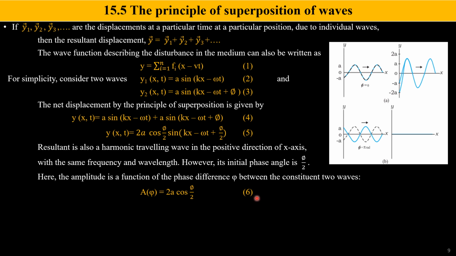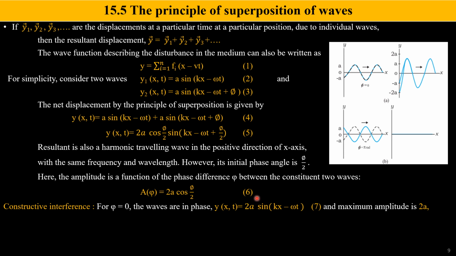Now, let us consider two cases. When phi in this equation is 0, the waves are in phase. So, cos phi is cos 0. When phi is 0, the resultant is given by the relation y(x,t) equal to 2a sin(kx - omega t).